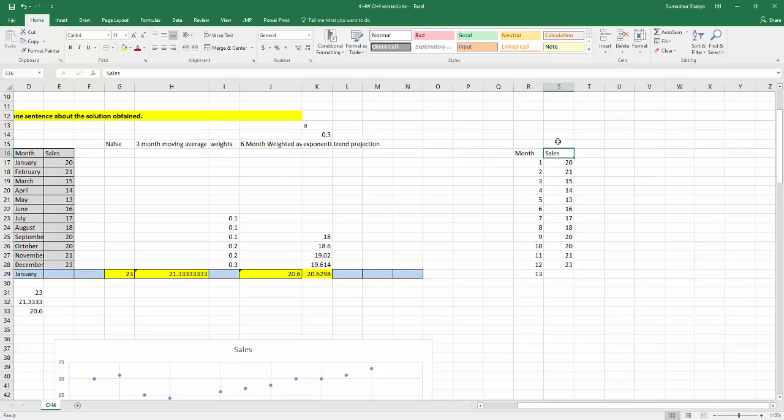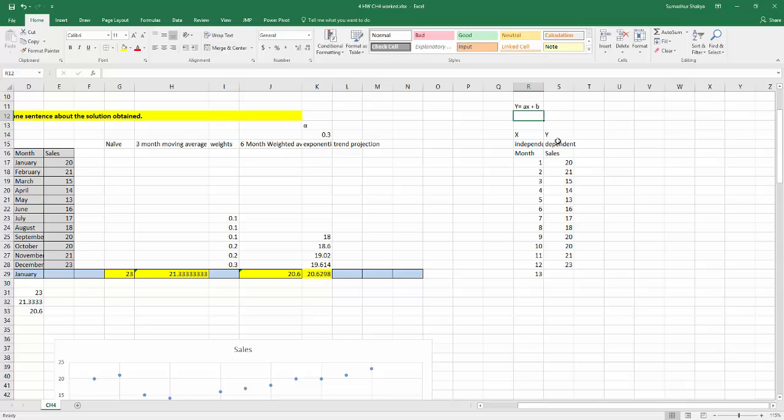And so this becomes our sales, our dependent variable, and months would be our independent variable. Okay, or in other words, this would be y and this would be x. Now this comes from the format of y equals ax plus b.